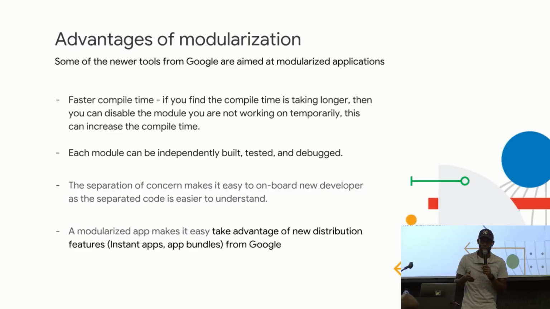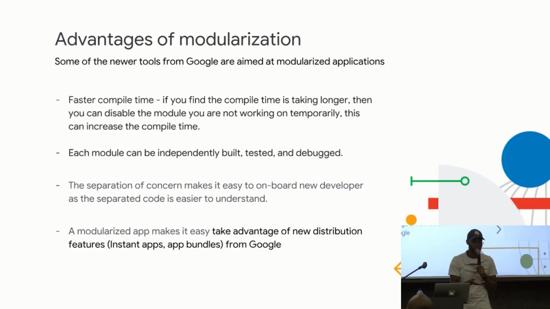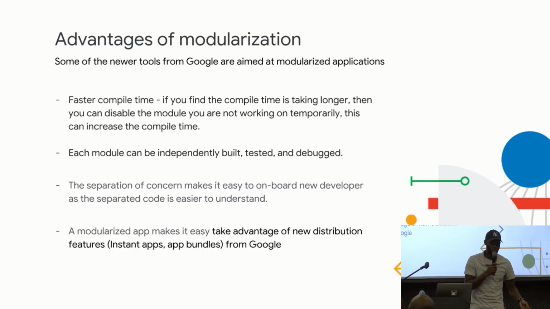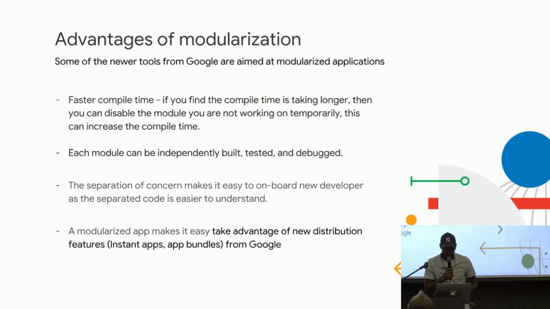What modularization allows you to do is to pack those books in proper shelves, nicely, according to certain sections. So it's easy, for instance, if a certain section is no longer relevant, to remove the whole section and put in another section as well. And also a modularized application makes it easy to take advantage of the new distribution features that I had already mentioned, like your instant applications and your app bundles from Google.